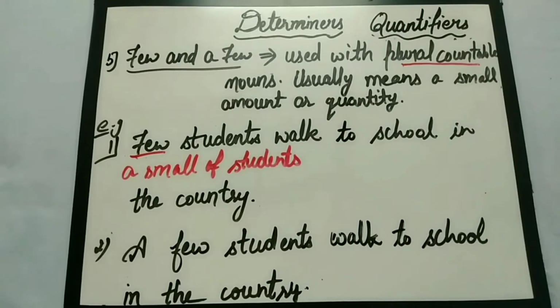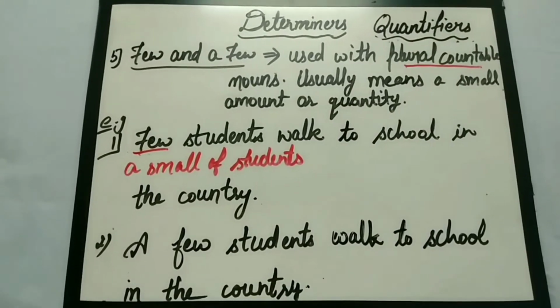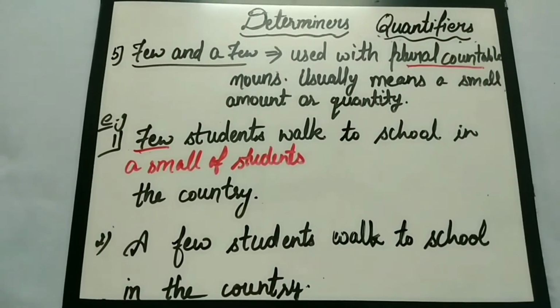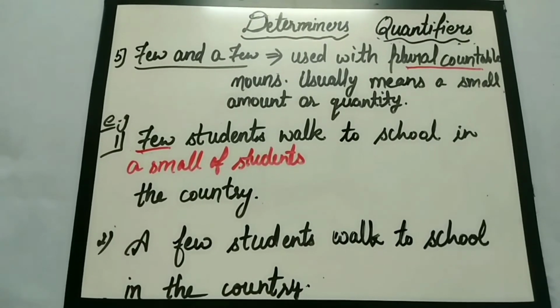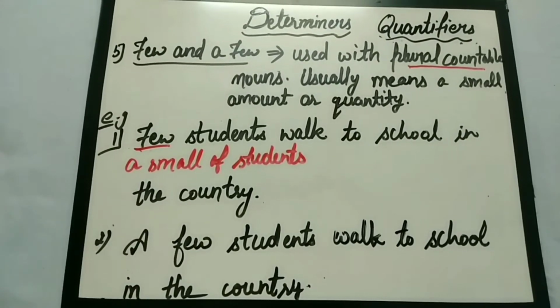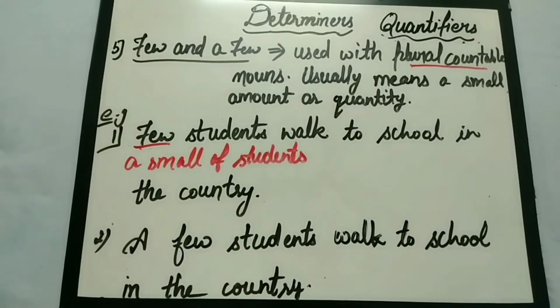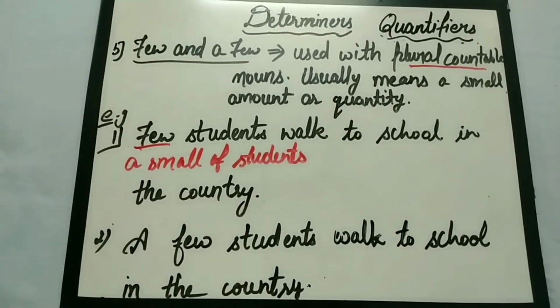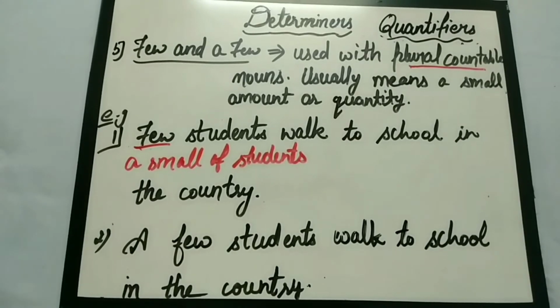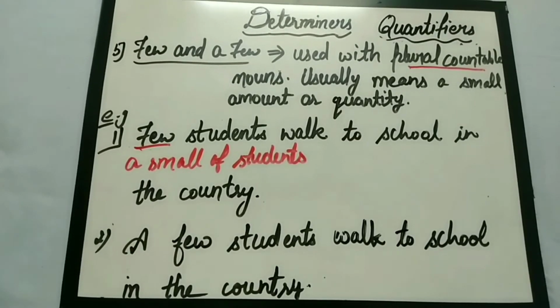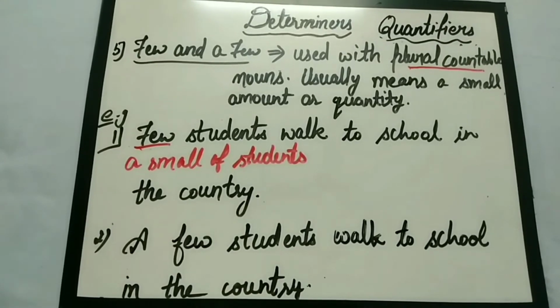And next we have, a few students walk to school in the country. Similarly, it is also showing a small amount of students. But what is the difference between them? When only few is used, like in the first sentence, the sentence emphasizes the small amount of students who walk to school in the country.